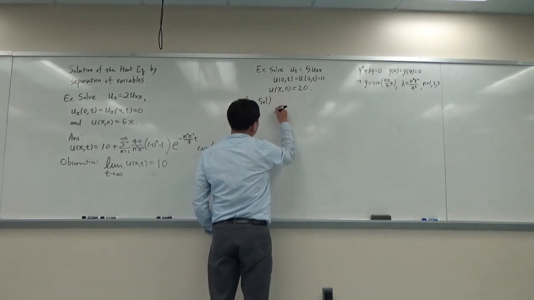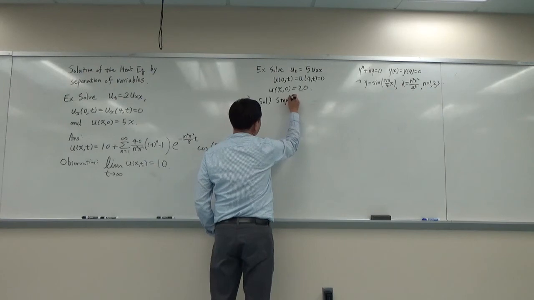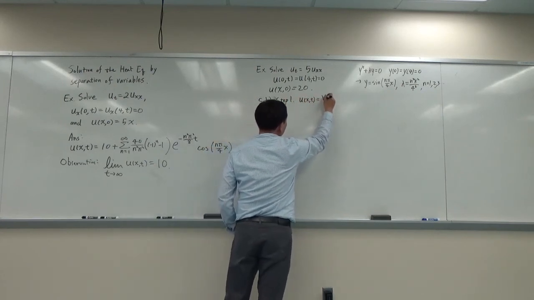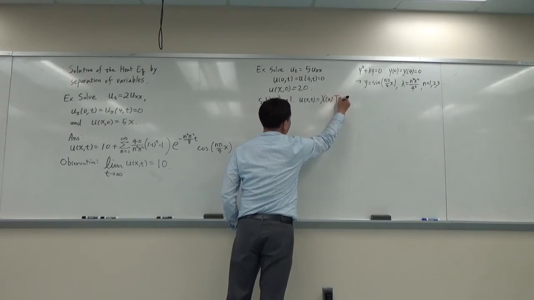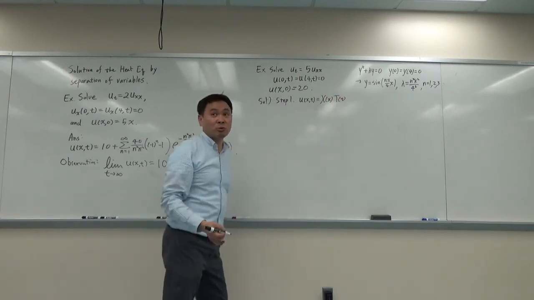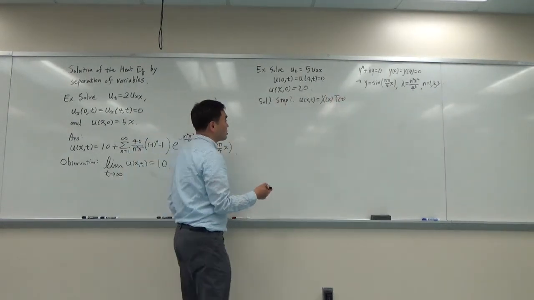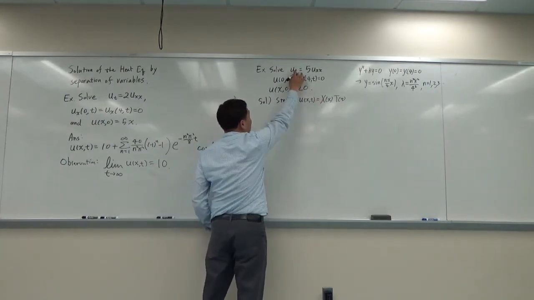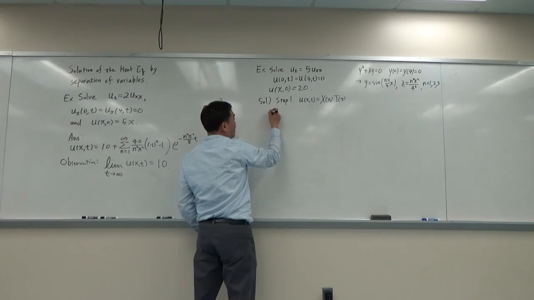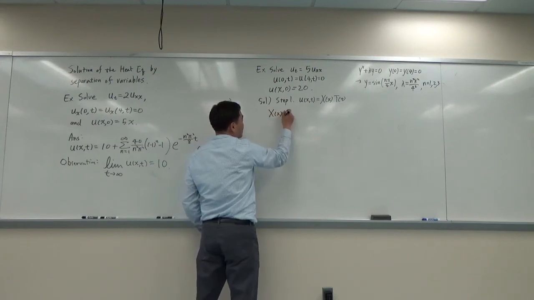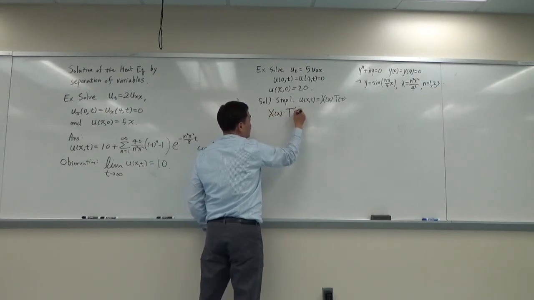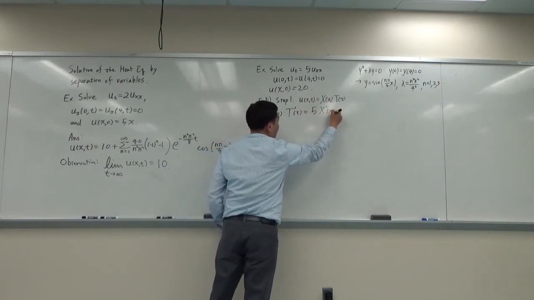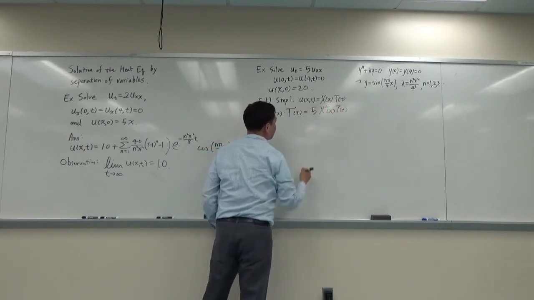Solution. Again, step 1. We said u(x,t) equals X(x)T(t). And because we don't have much time, let me just try to accelerate a little bit. So when you plug this into the heat equation, you have X(x) times T prime(t) equals 5 times X double prime(x) T(t).